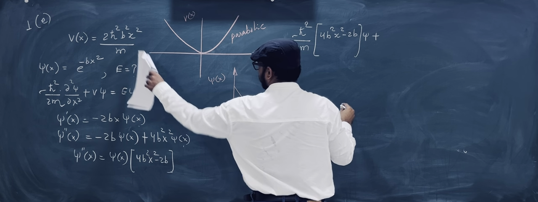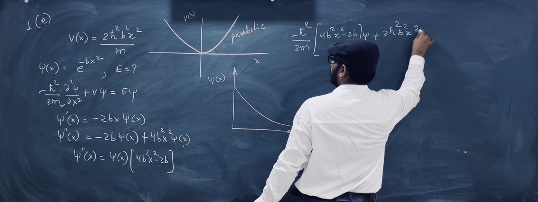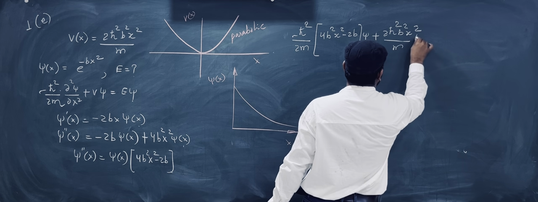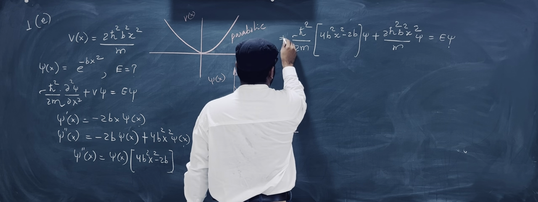So we can put v here, so it's 2 h cross square v square x square over m psi is equal to e psi. So this can be further solved.